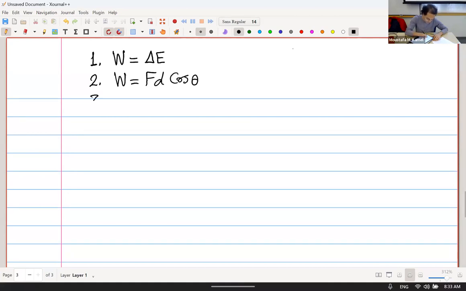So let's first write down the important equations that we had so far. We had the work energy equation that the work done is equal to the change in energy. Then we defined work to be F d cosine theta. And last time we got kinetic energy half mv squared. This part is cause and effect relationship.